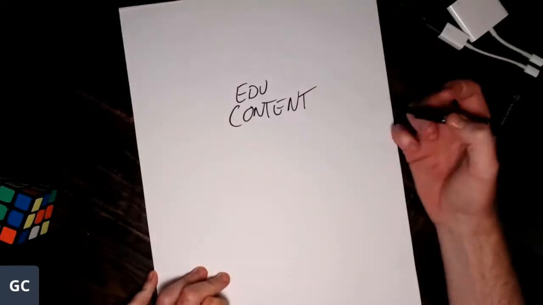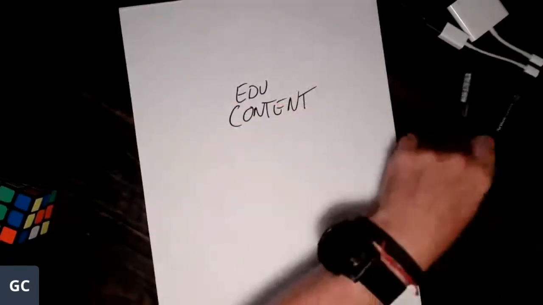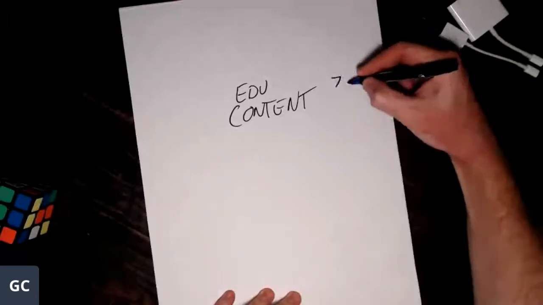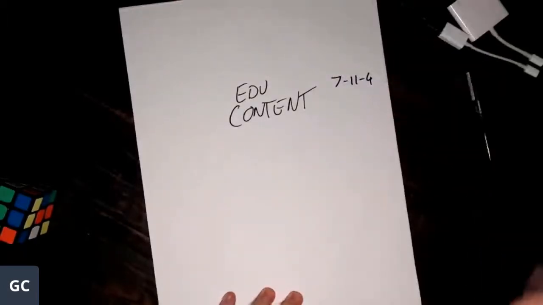which I break down into something that you could think of as, because the question is how much educational content, right? So we call it 7, 11, 4.